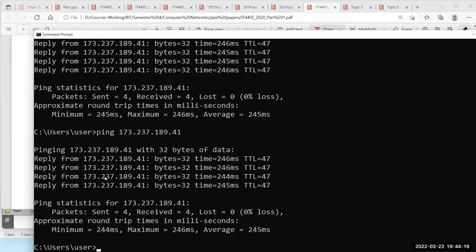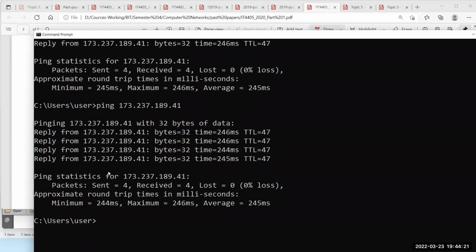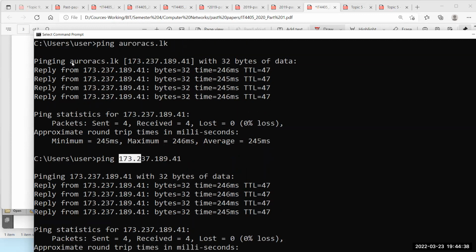So if you want to know where exactly the issue is, then you have to go for traceroute, tracert. I can use the IP address or the domain name.